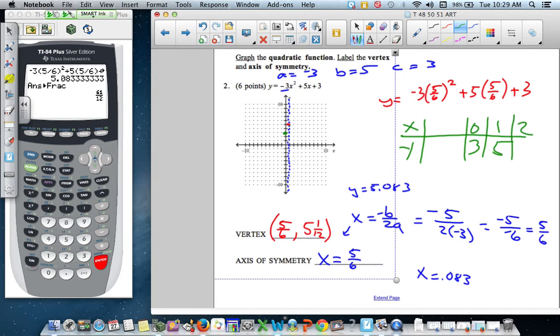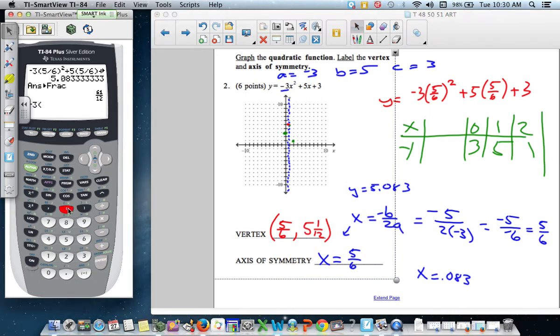If I put 2 in there, 2 squared is 4. 4 times negative 3 is negative 12. So I'd have negative 12 plus 10 plus 3. I believe that's 1. You can also use your calculator if you'd like to, to get some of these, just like I did before. If I want to put in negative 2, just use parentheses, negative 3 times negative 2 squared plus 5 times negative 2 plus 3.